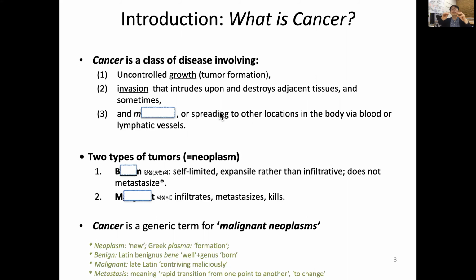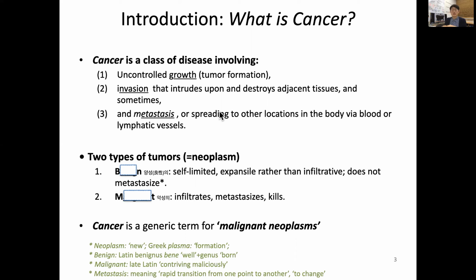They can move out via blood or lymphatic vessels. That spreading of cells from one site to another is called metastasis. So these three, uncontrolled growth, invasion of neighboring tissue, and metastasis to a distant part of the body, characterize a generic cancer.